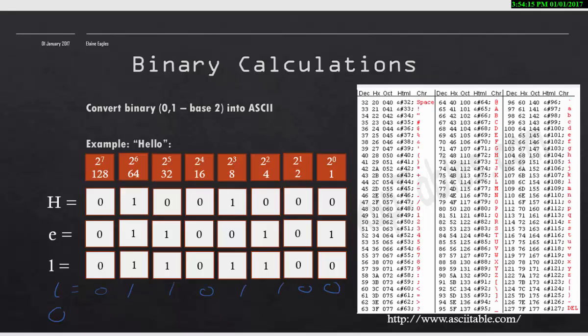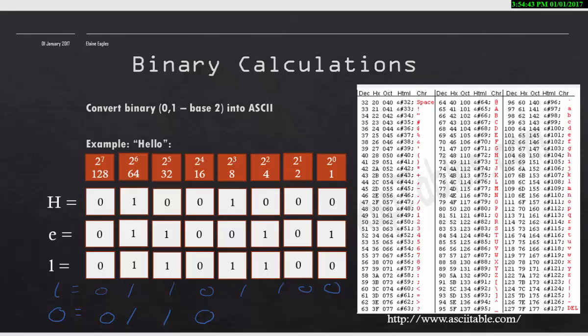And an O, lowercase o, is 111. So that's no 128, that's too big. 64, 96. An O is 111. So we've got 96. Now, if we added on a 16, that would be too much, so we can't have a 16.